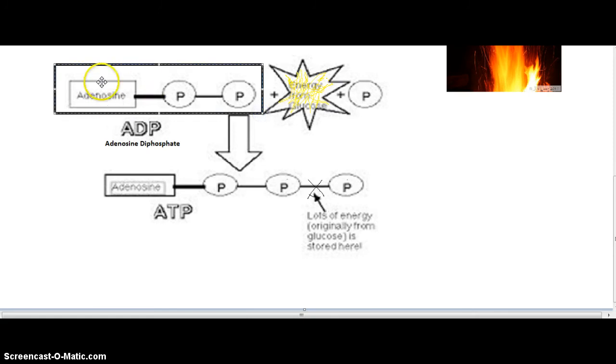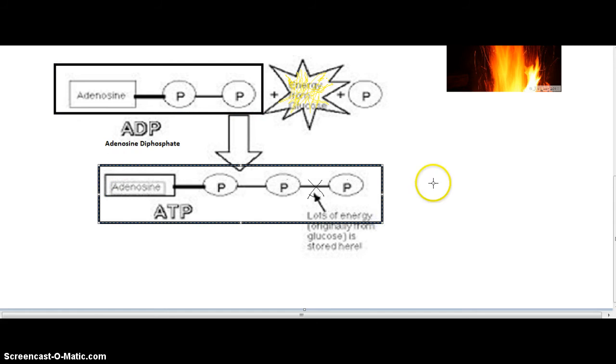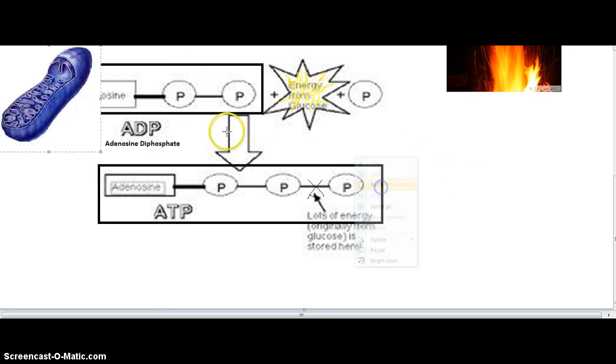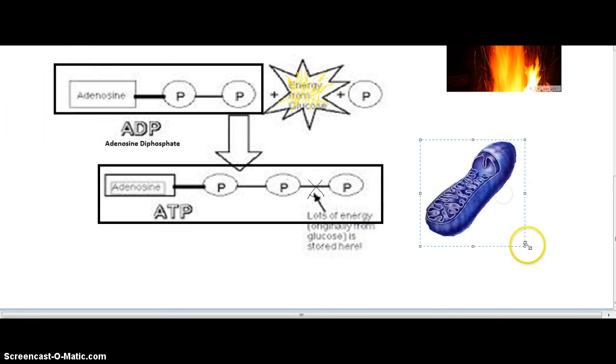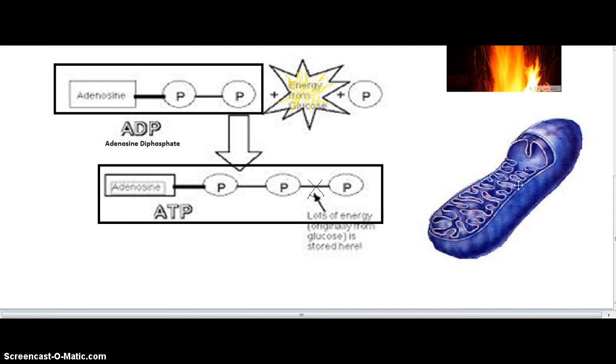So this guy right here, this is ADP, doesn't do anything. You have to remake ATP. And that is what cellular respiration does. It takes ADP and glucose and oxygen. Mitochondria uses those things to produce more ATP so that you can do the things that you do. So that's that. Email me if you have any questions.